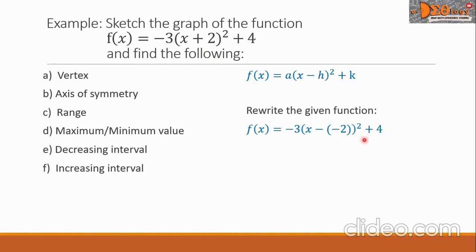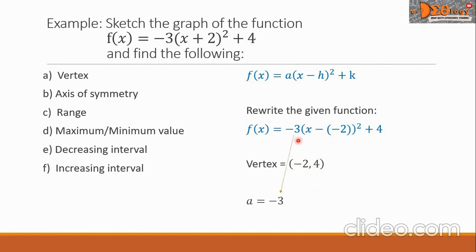And from here, we're going to collect now the vertex or the hk values. So this negative 2 is the h and the positive 4 is the k. Therefore, the vertex has the ordered pair negative 2, 4.